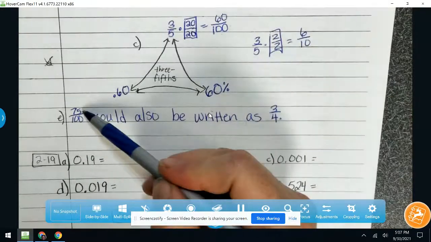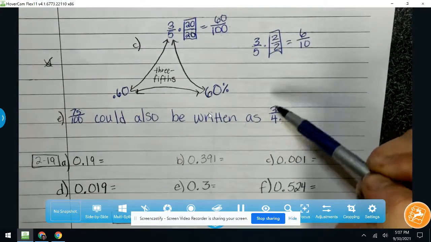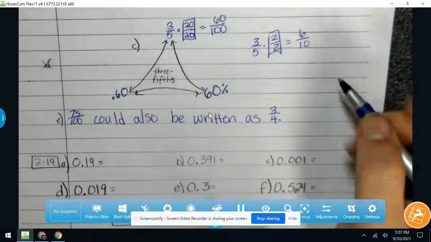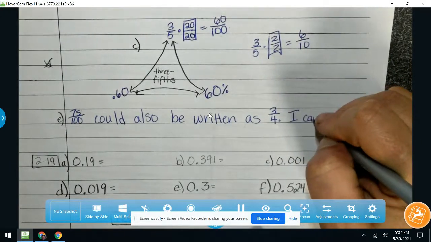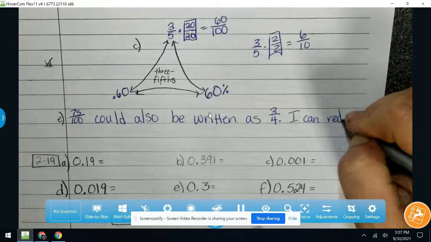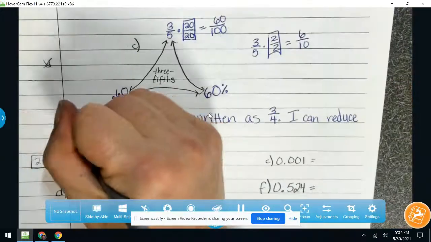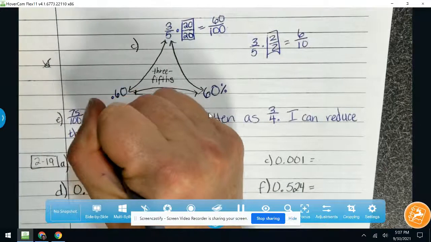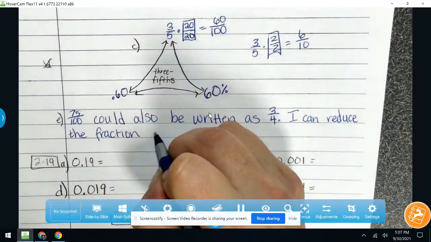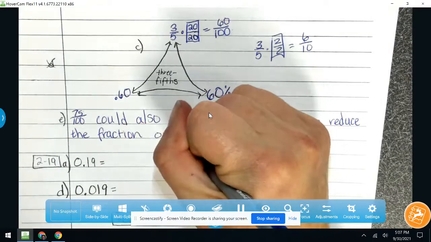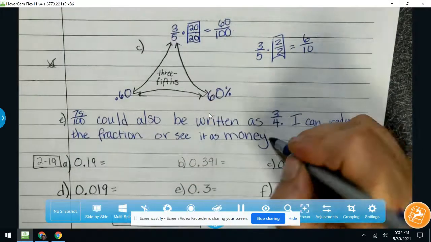And we know this because 75 cents out of $1 is 3/4. So you could have either reduced the fraction or see it as money. That's a little better.